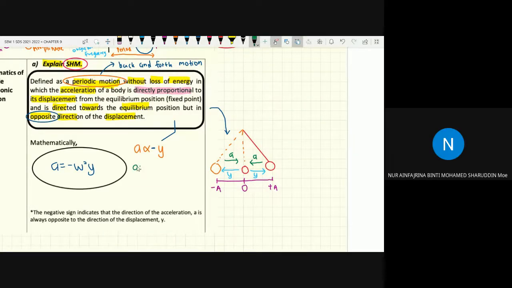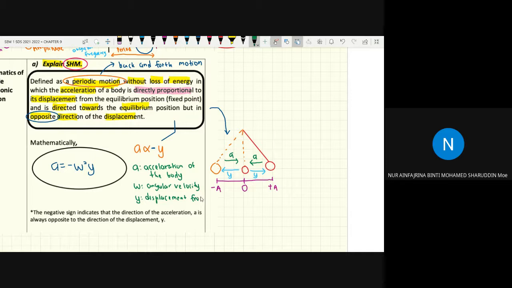So what is a here? a is the acceleration of the body. And omega is the angular velocity, or Miss already told you the other name, angular frequency. And y is the displacement from the equilibrium position.